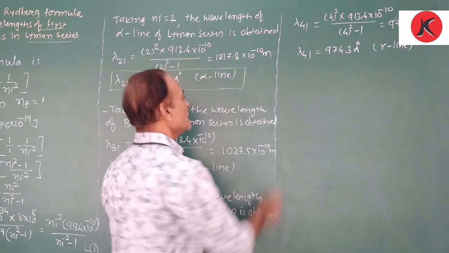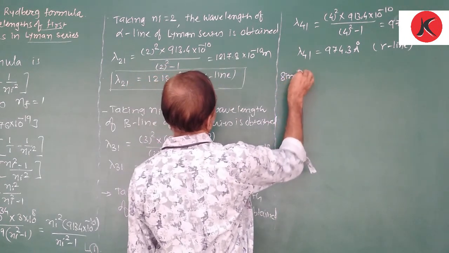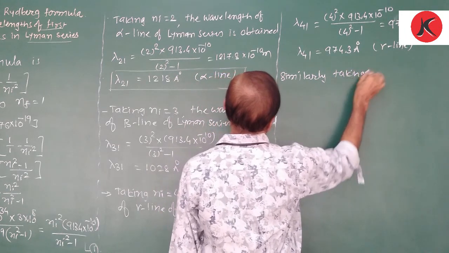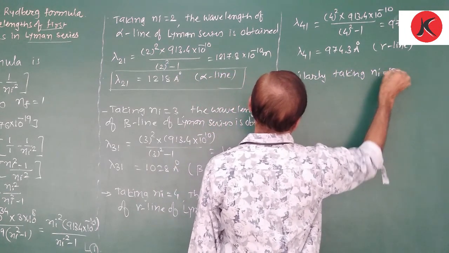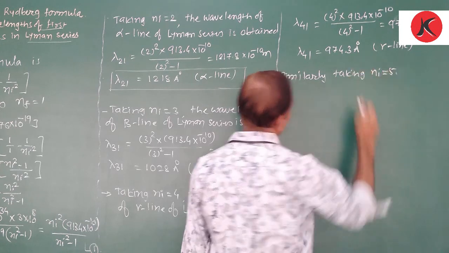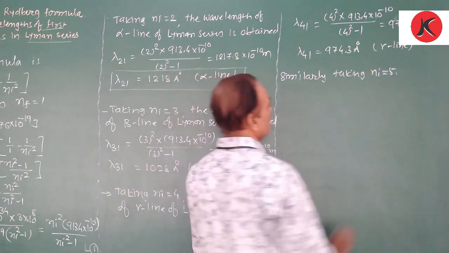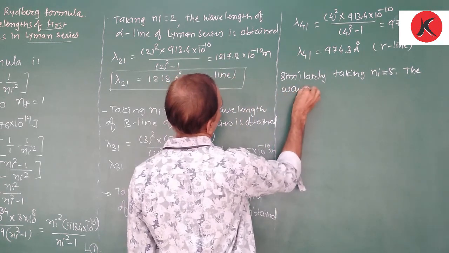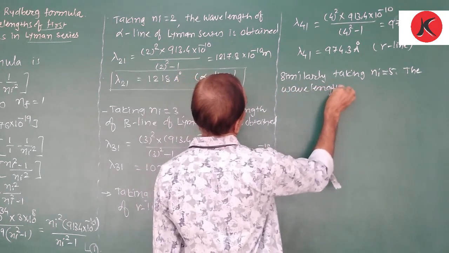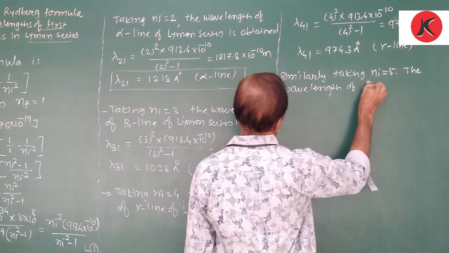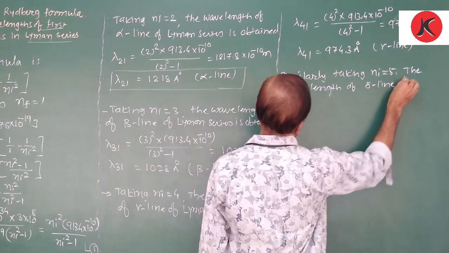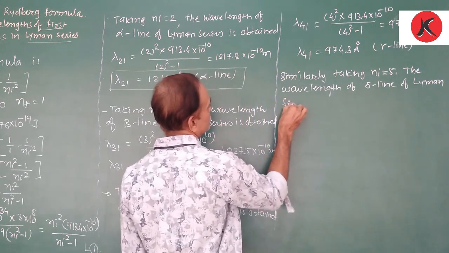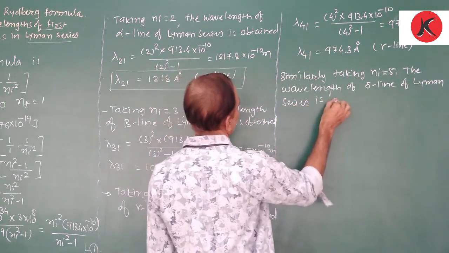Similarly, taking Ni is equal to 5, the wavelength of the delta line of the Lyman series is obtained.